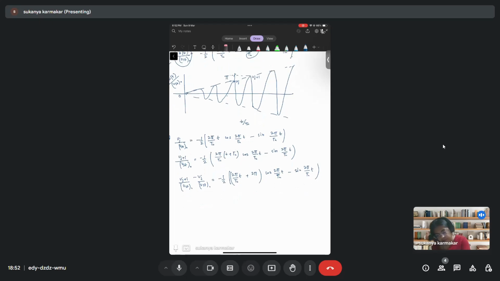Then you have minus this quantity, so if I take minus half common, you will have 2 pi by Tn into t cos of 2 pi by Tn t.